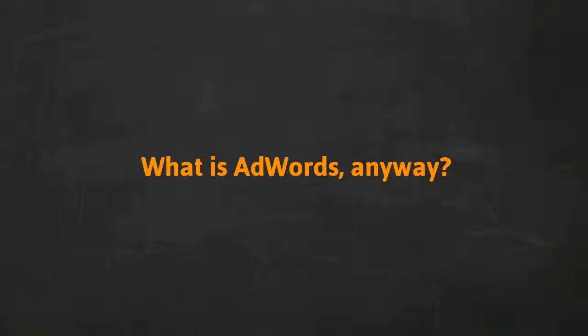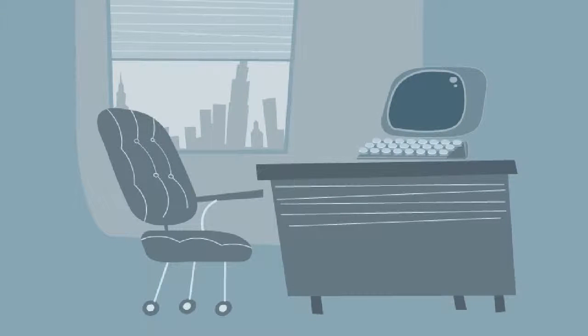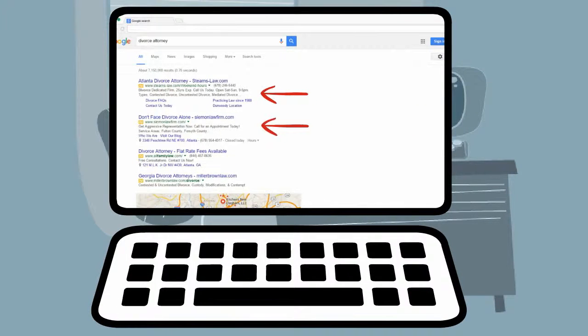The first thing to talk about is what AdWords actually is, though you're probably already familiar with it. AdWords ads are, most commonly, the 3 or 4 text ads that appear at the top of the results when you run a Google search. Those results will be clearly but inconspicuously marked as advertisements, and the advertiser's charged every time someone clicks the ad to visit the advertiser's website.